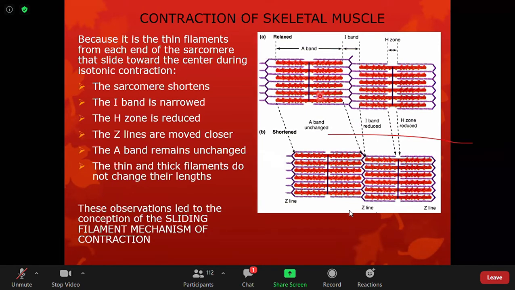It is composed of your thick filament. This will remain unchanged because the thick filament will not slide. It is only your thin filament. The thick and thin filaments do not change their length.